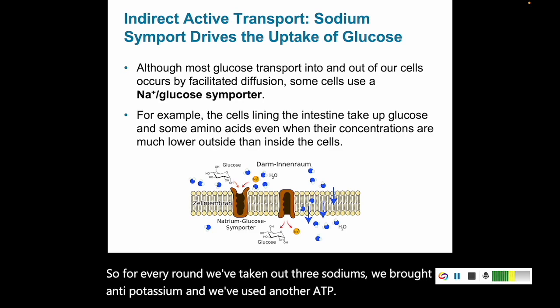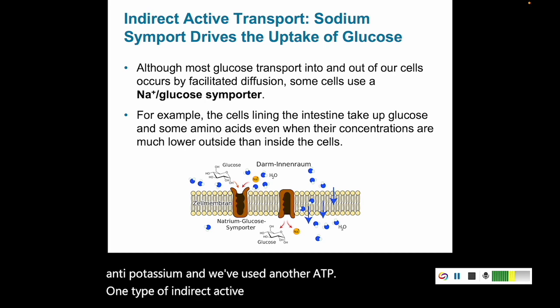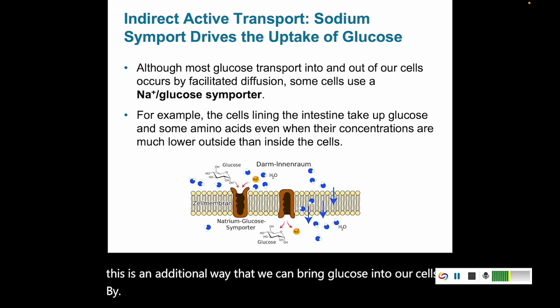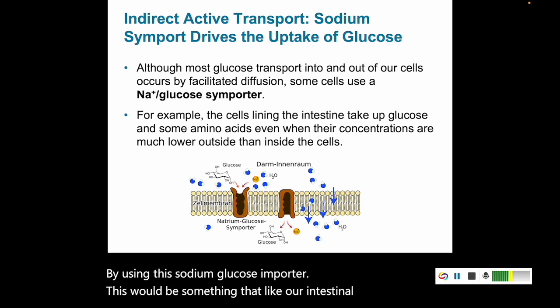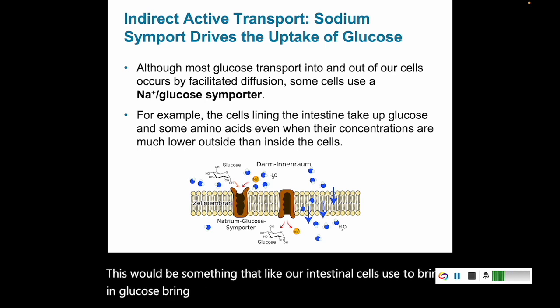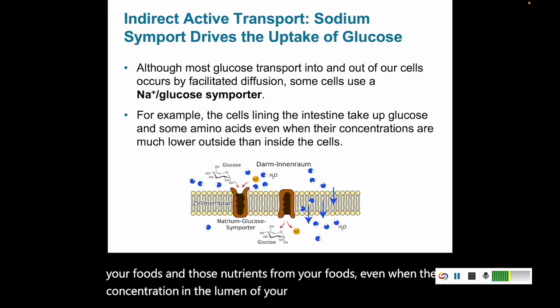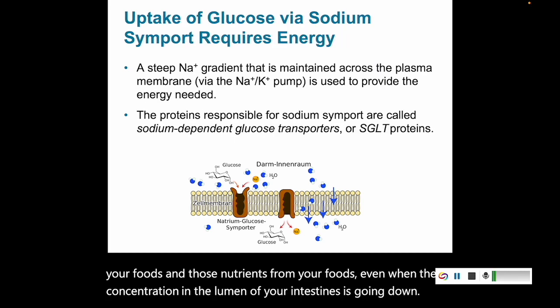One type of indirect active transport is the sodium symport. And this is an additional way that we can bring glucose into our cells by using this sodium glucose symporter. This would be something that our intestinal cells use to bring in glucose, bring in amino acids, to be able to get that energy from your foods and those nutrients from your foods, even when the concentration in the lumen of your intestines is going down.